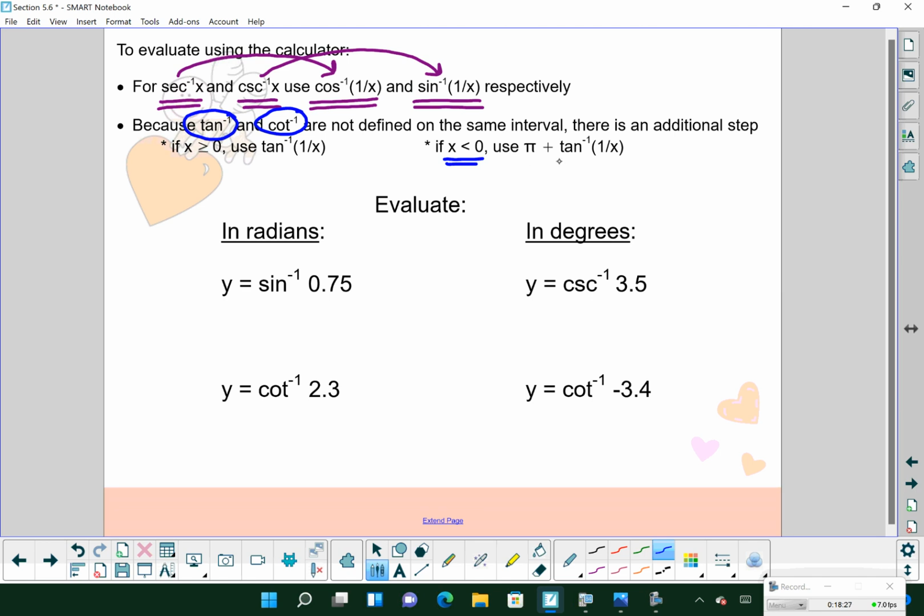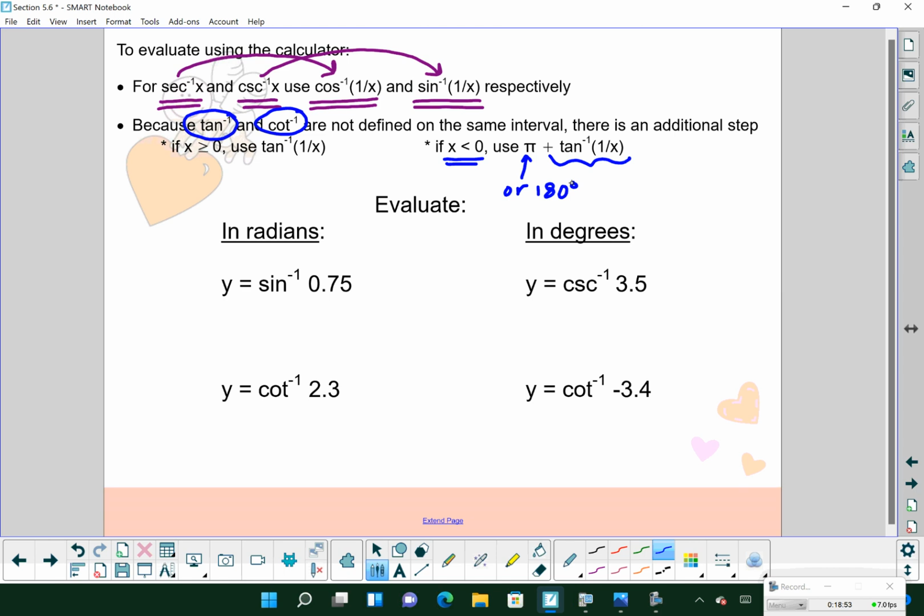What we're going to do is adjust our tangent like we did with our cosine and secant above. We're going to do 1 over the value of that. But then we're going to add either pi or 180 degrees to our answer, because our answer for calculating a cotangent should be in quadrant 1 or 2, but tangent in the calculator is going to give us an answer in quadrant 4. So how do I get from quadrant 4 to quadrant 2?